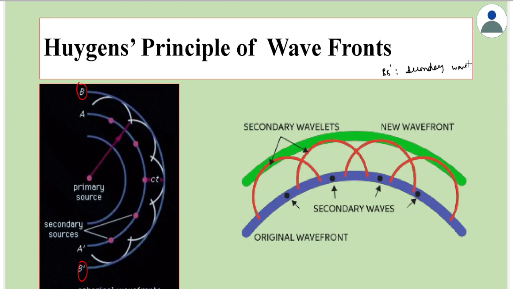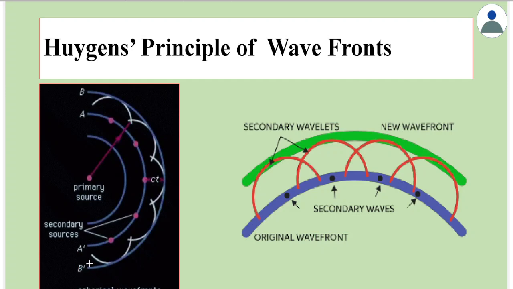Keep in mind that we have taken only a few points as sources. Otherwise, if you look at every point as a source, we get a wavelet everywhere. If we join those points, what we get would also be a sphere. So as seen here, this B dash acts as the secondary wavefront.